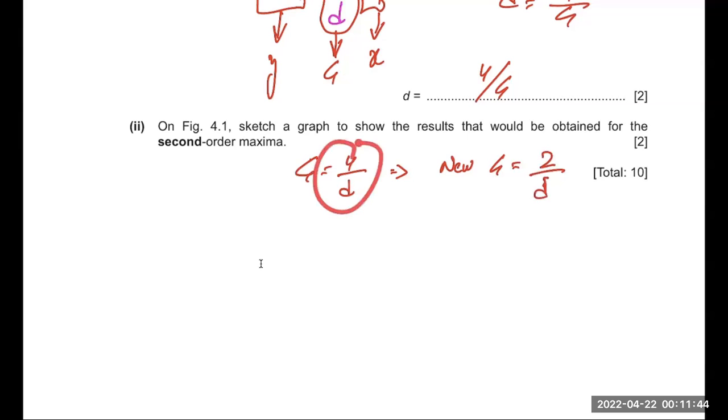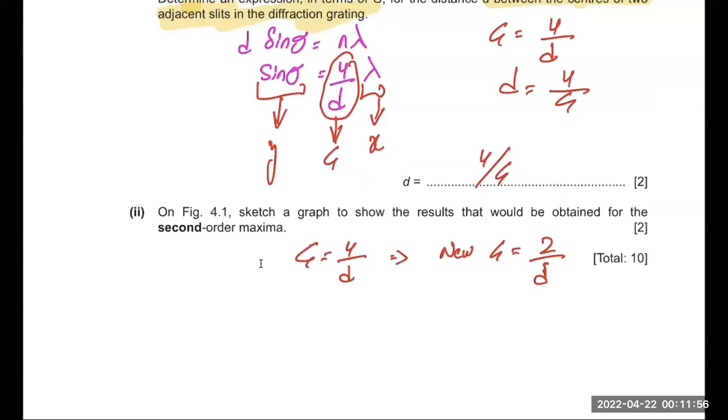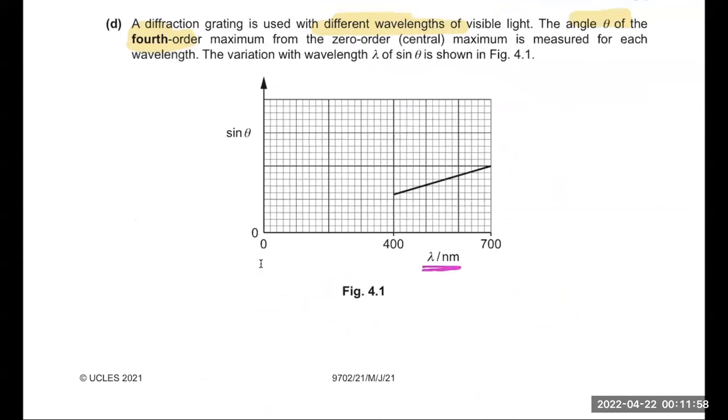If you compare 4 by d with 2 by d, this newer gradient is half the original value. So you'll draw a straight line as it is, but with half the gradient, or half the steepness.